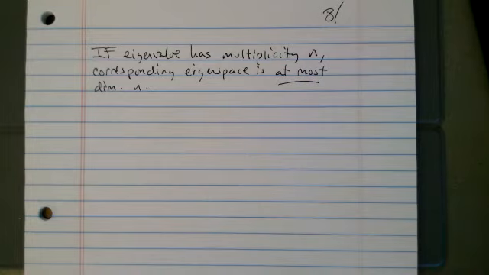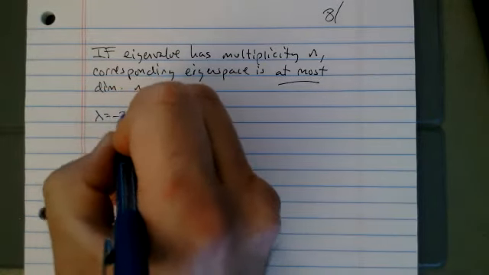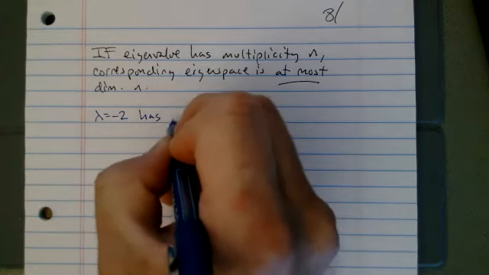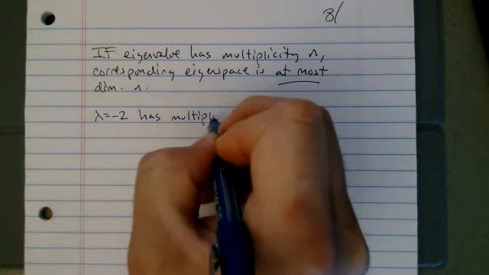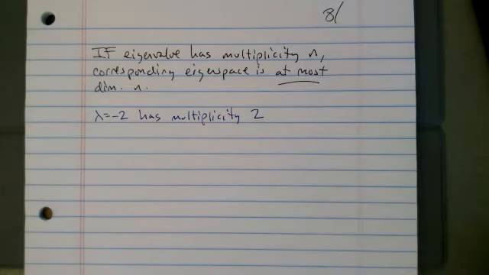So the eigenvalue lambda equals -2 has multiplicity 2. The corresponding eigenspace might be 2-dimensional or 1-dimensional.